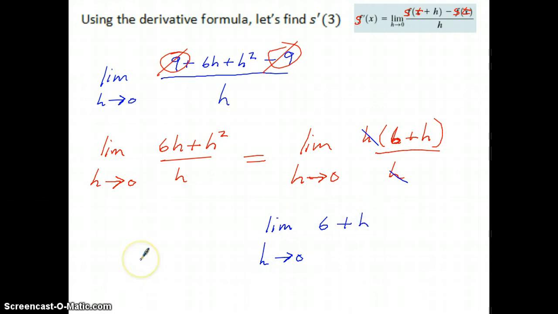There's nothing that we can do from here, and so we plug in h equals 0, and we have 6 plus 0, which gives us 6. And so that means that s prime of 3 is equal to 6. In other words, the rate of change right at 3 is equal to 6.